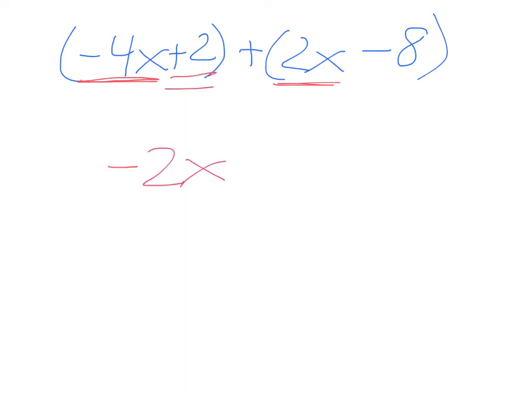Then I have a positive 2 and a negative 8. Remember, that subtraction sign is attaching itself to that 8 to make it a negative 8. And 2 and negative 8 is negative 6. So I put negative 6, which makes the binomial negative 2x minus 6.